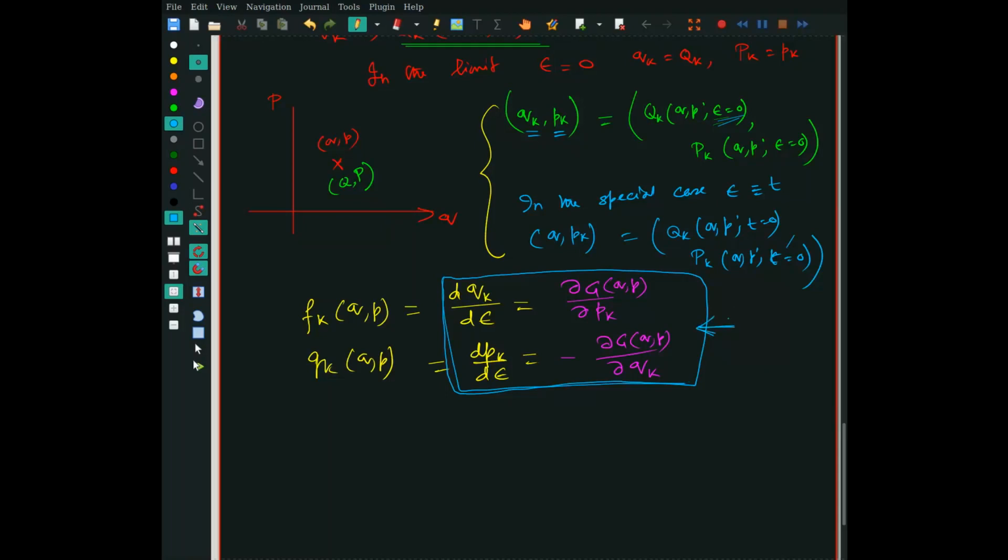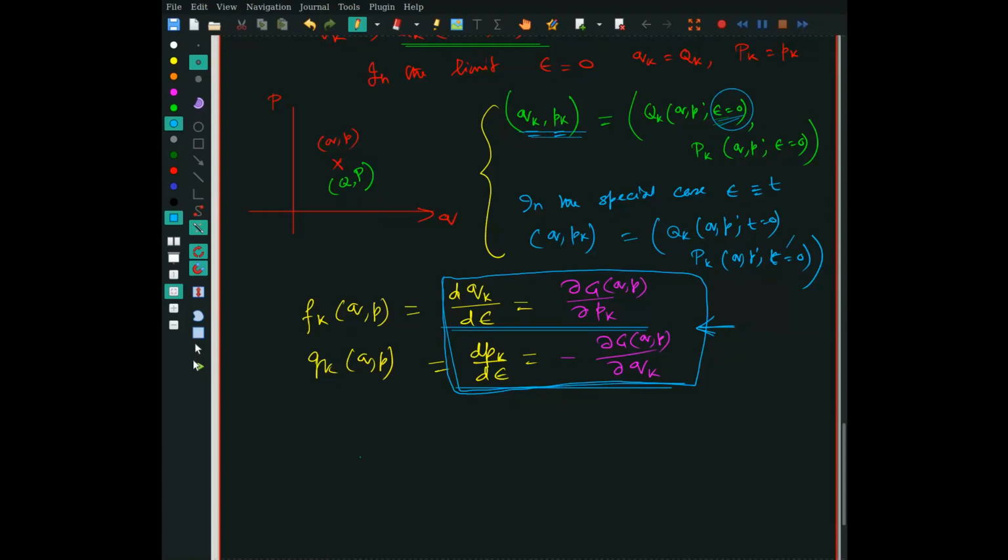These kinds of equations I will call canonical equations in general, because this G is a generator of the canonical transformation, and this essentially enables me to interpret that the epsilon evolution of my coordinates in phase space will be governed by these pairs of equations, which I will call canonical equations. And that's why Hamilton's equation is sometimes said to be a special kind of canonical equations. Okay, so when epsilon is equal to time.